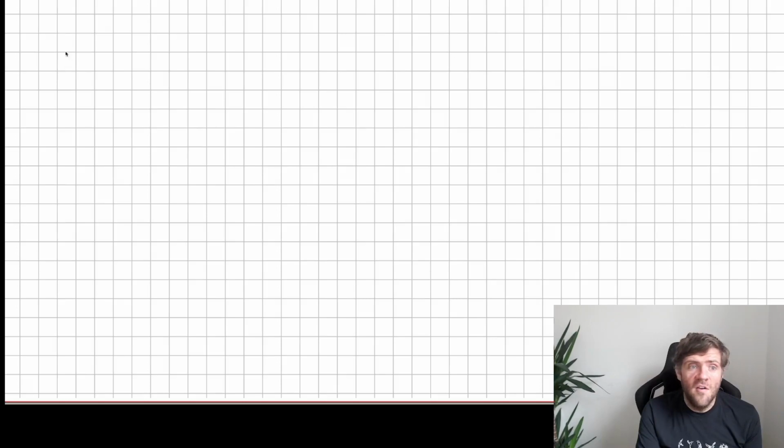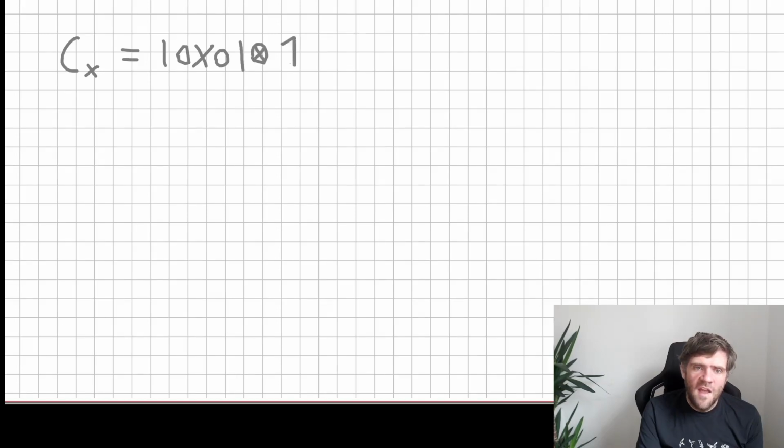Because the controlled knot, as we just saw, can be expressed in this form where we have these outer products for 0 in the first term and for 1 in the second term. And then on the control we have the actual effect of the gate, which is an identity for the first term and an X for the second term.